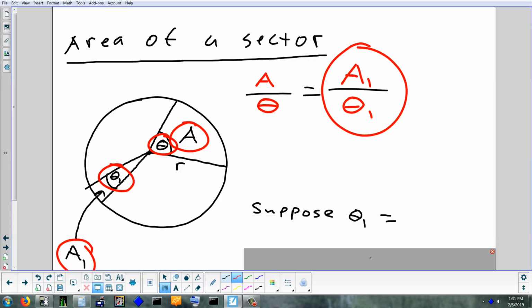And just because we suppose it equals something, it doesn't limit what we can do. If you're saying, well, how can you just suppose it is something? Well, how can you just suppose 1 foot is 12 inches? Because it's a true fact. So we're going to just suppose a true fact.